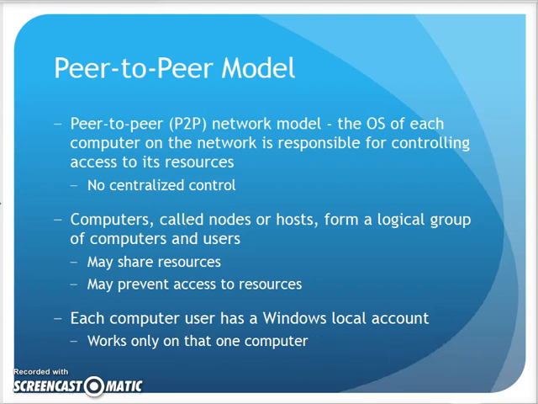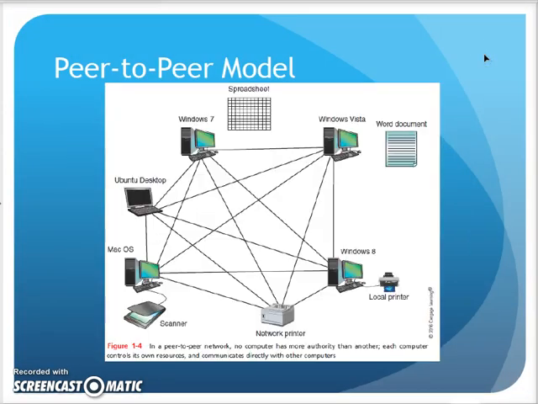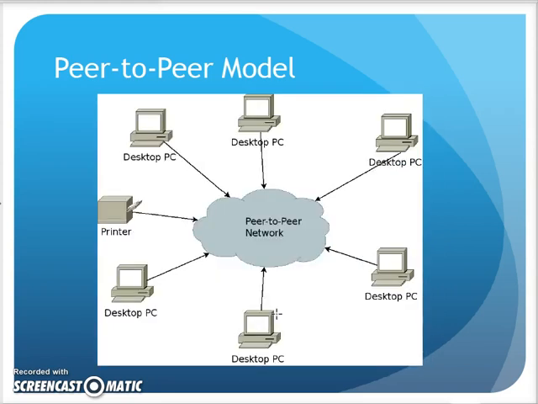It is minimal, not a super lot of control. It's basic control, and that's what they're showing you in this picture. Each of these computers sets up who and what they can share. In a peer-to-peer network like our church office, we can move files from computer to computer and share a printer that's in the office, all that kind of good stuff. So it allows us to reduce the amount of equipment we need because we're able to move stuff around in this little network.